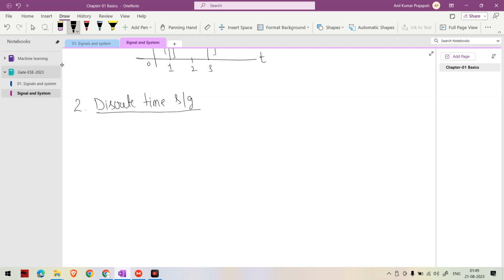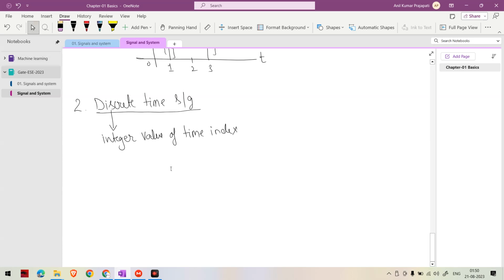Discrete means integer values of the time index, because the term discontinuous is sometimes confusing. So in a simple way, we can say integer values at the time instances.